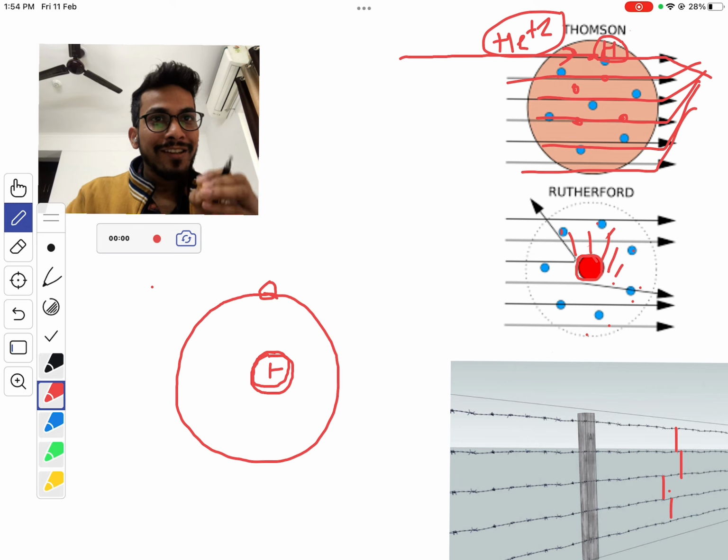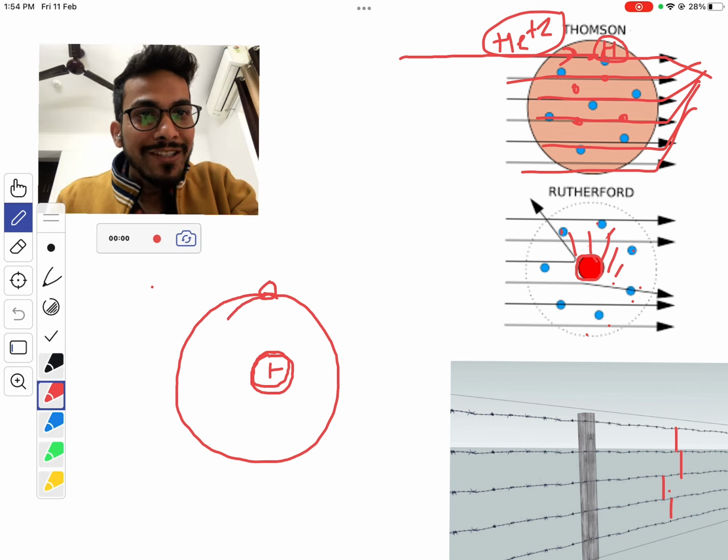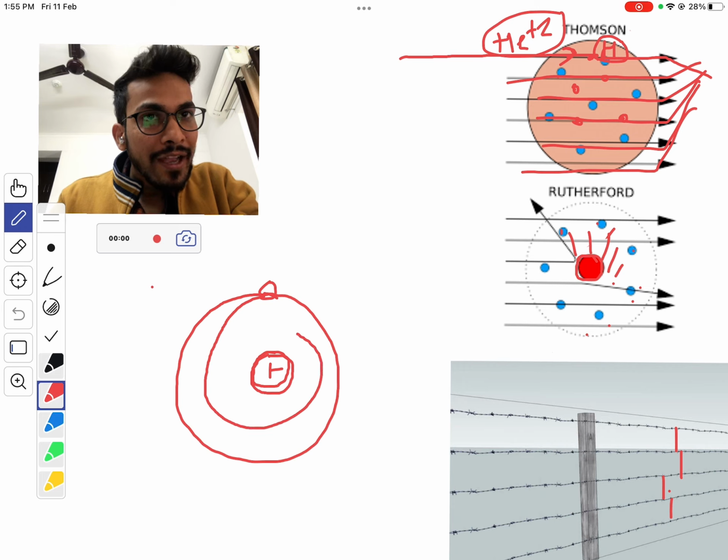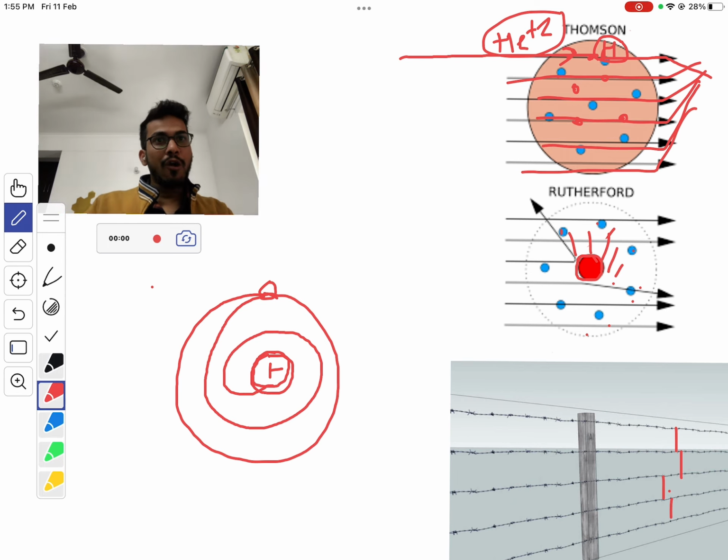And if something is radiating its energy, then slowly its energy will decrease, and the path which the electron was taking will become a spiral, and after some time it will merge into the proton. Isn't it like that? So how can the atom be stable?